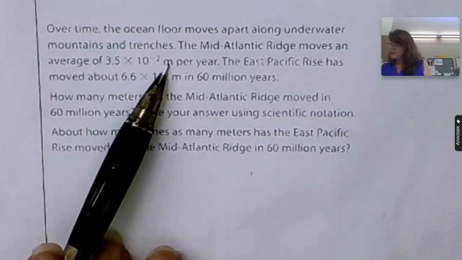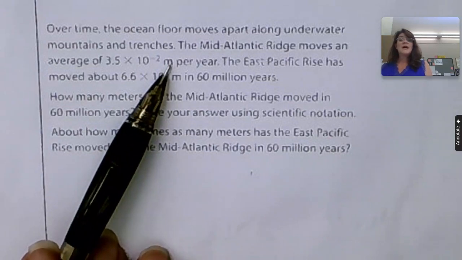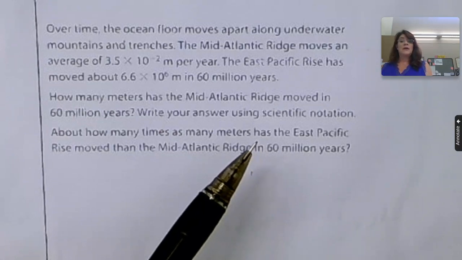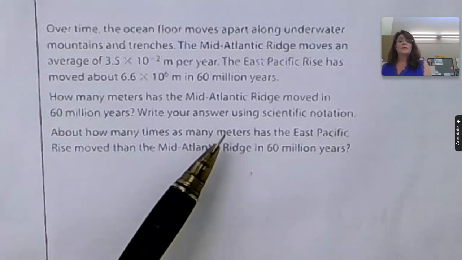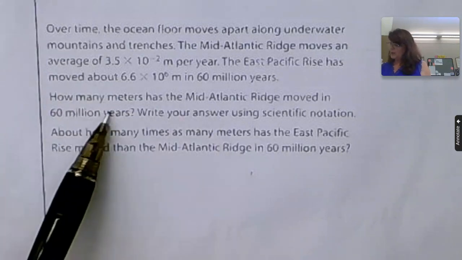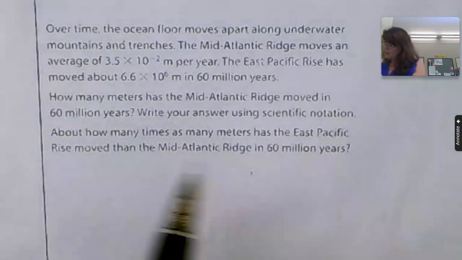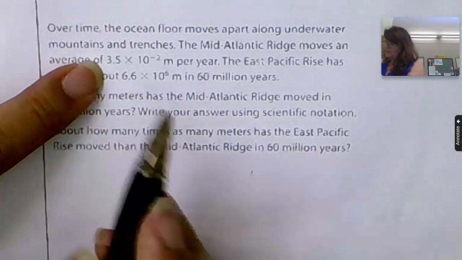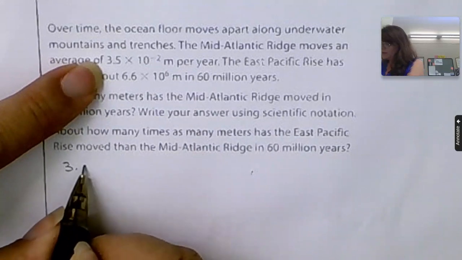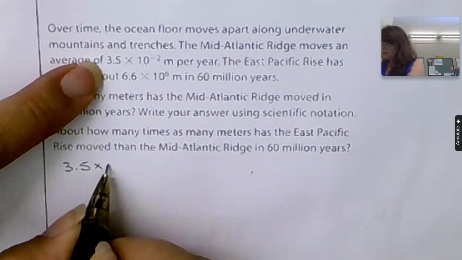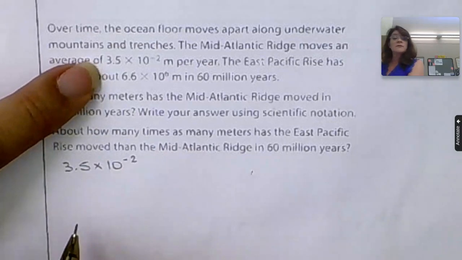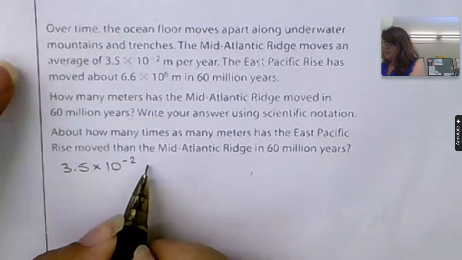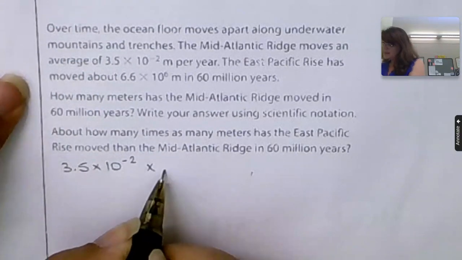So it's this much per year times 60 million. So the Mid-Atlantic Ridge is 3.15 times 10 to the negative 2 power times 60 million.